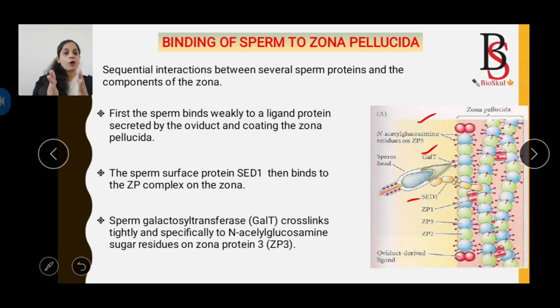So how does the sperm bind to the zona pellucida? The first binding is weak binding, where the sperm binds very weakly to the proteins secreted by the oviduct. Then the SED1 protein of the sperm binds to the zona complex. Then GalT binds tightly and specifically to N-acetyl-glucosamine on ZP3.